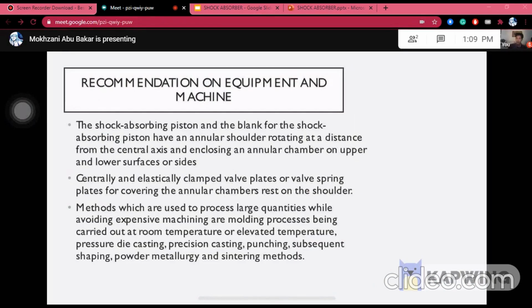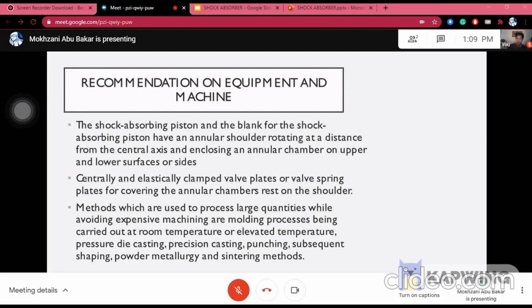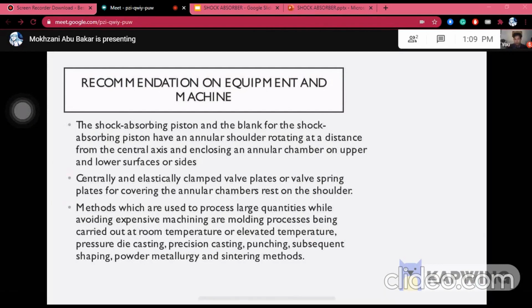Recommendation on equipment and machine. The shock absorbing piston and the blank for the shock absorbing piston have an annular shoulder rotating at a distance from the central axis and enclosing an annular chamber on the upper and lower surfaces or sides. Centrally and elastically clamped plates or valve spring plates for covering the annular chamber rest on the shoulder.